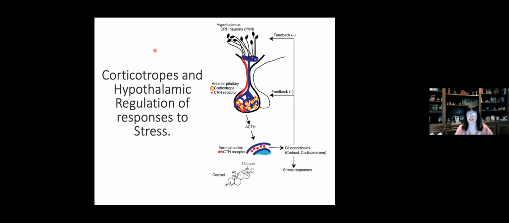And stress is something we may perceive. It's probably a real thing, or it may be something that we fear. Some people are afraid of flying. No matter what, it activates this particular set of neurons and pituitary cells.